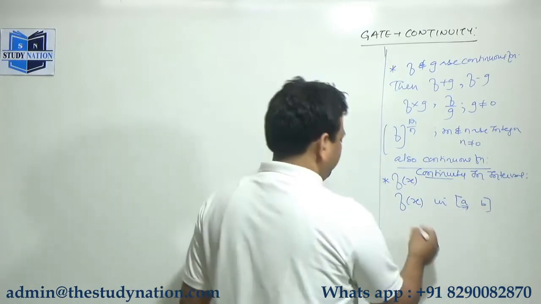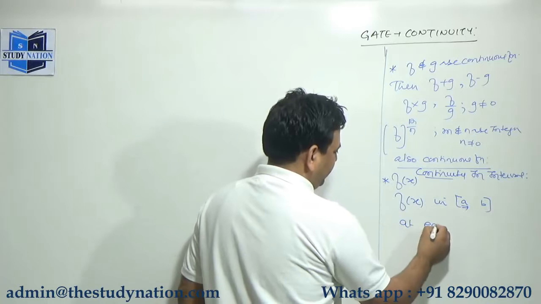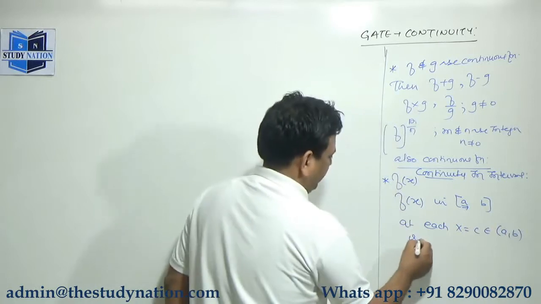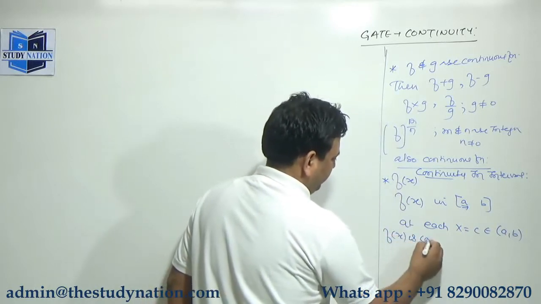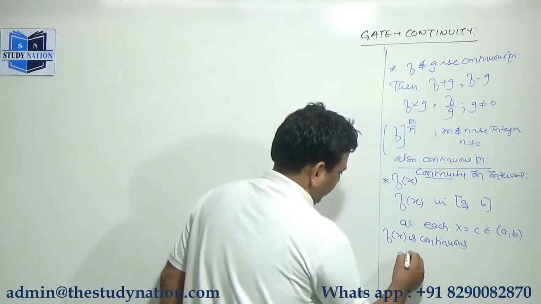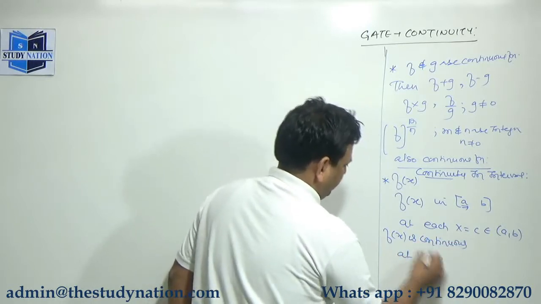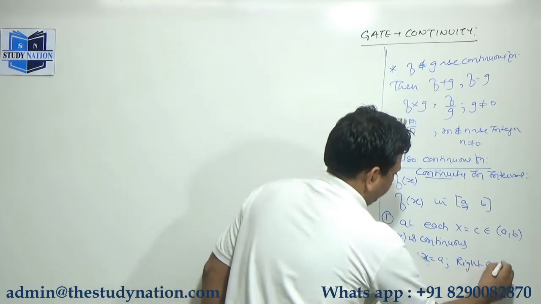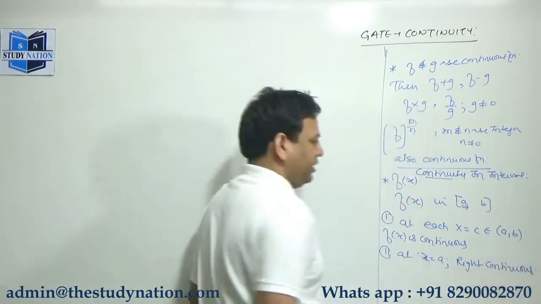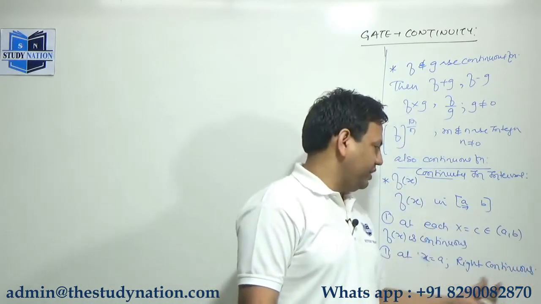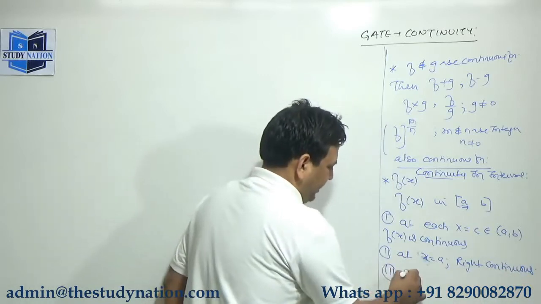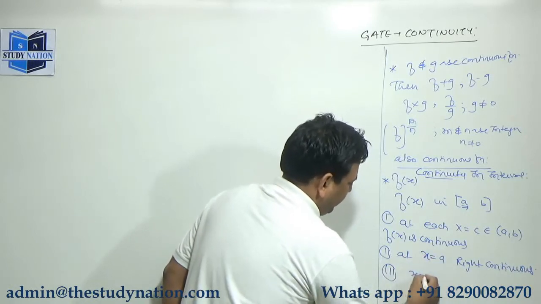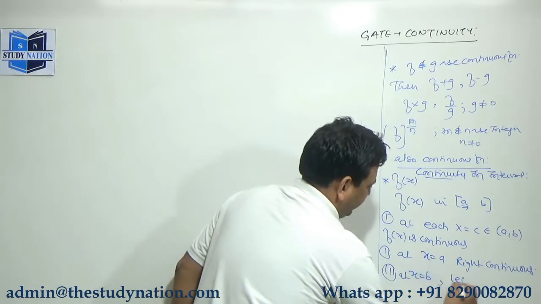We don't know the left of a, so we will say f(x) is continuous at x is equal to a, right continuous, because we don't know the left value. So the value of the function at a is equal to the right limit of this one, and similarly at x is equal to b, left continuous.